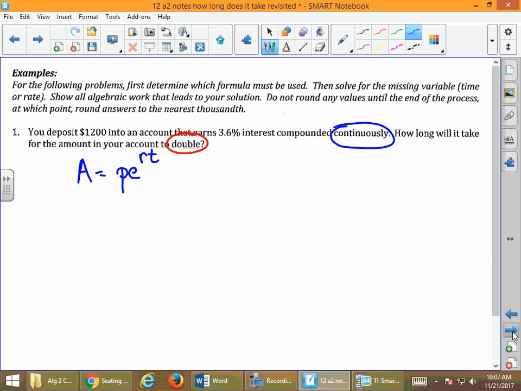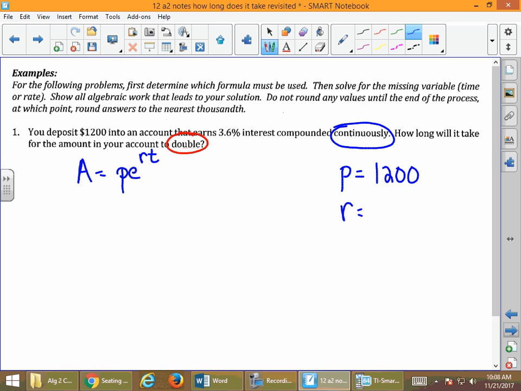But what I personally like to do, and it doesn't matter to me whether you do it or not, is I like to identify what we know in a problem. So as we start here, we deposit $1,200. That's our original amount. Into an account that earns 3.6% interest.